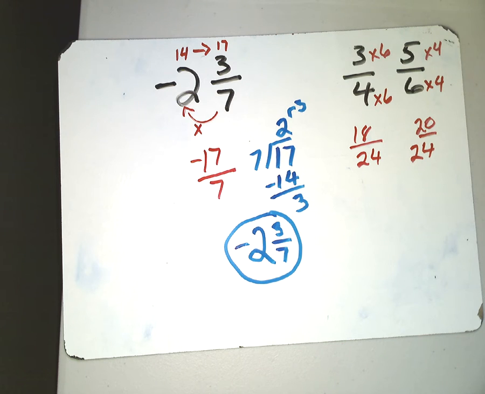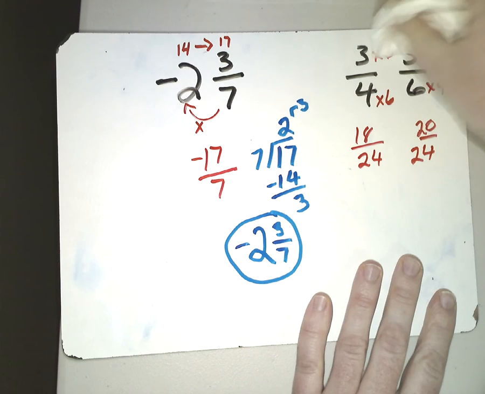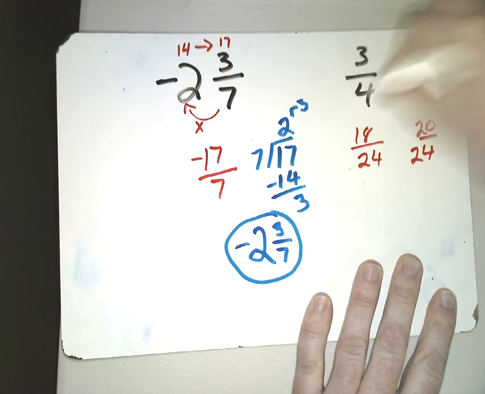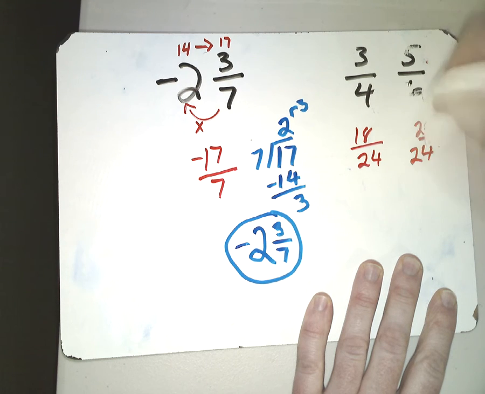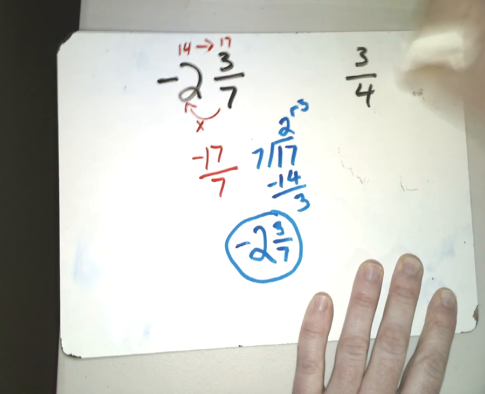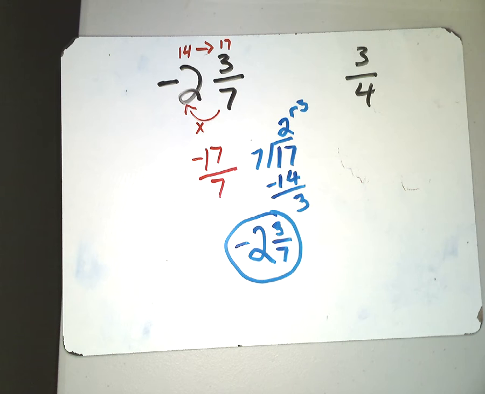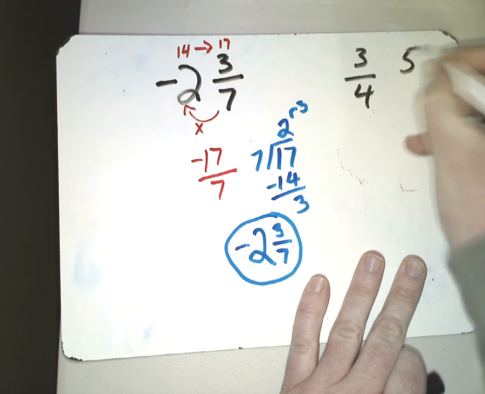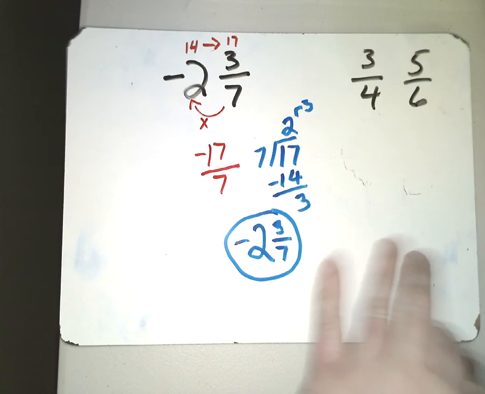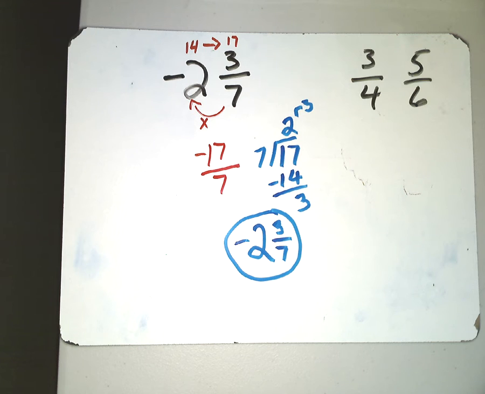Now, I'm going to go ahead and do it with the least common denominator. So for least common denominator, I would ask myself, what numbers can I get 4 and 6 to go into and also have them be the same?